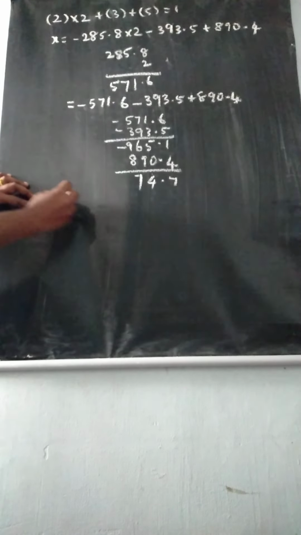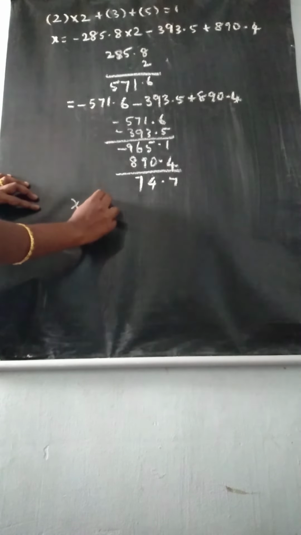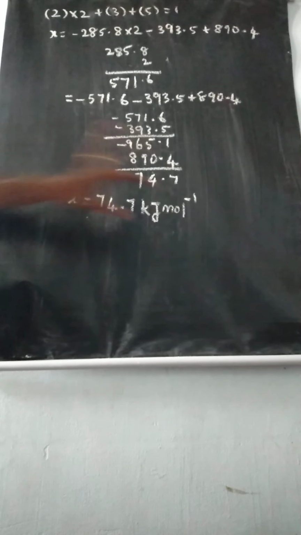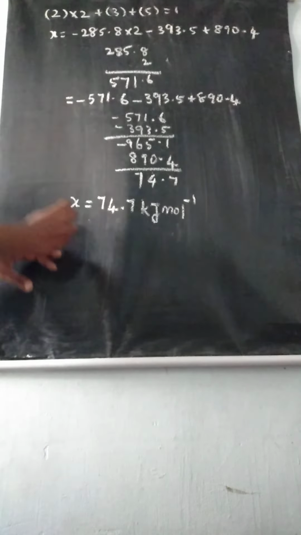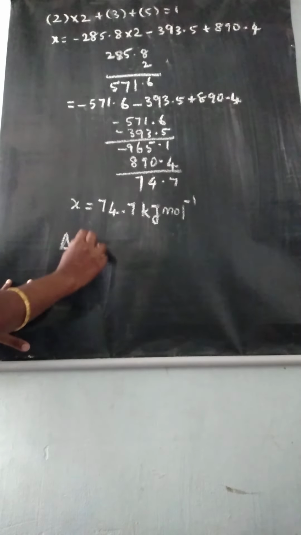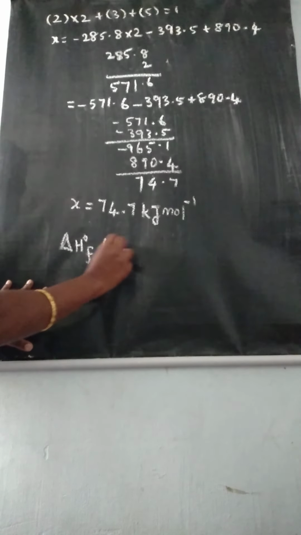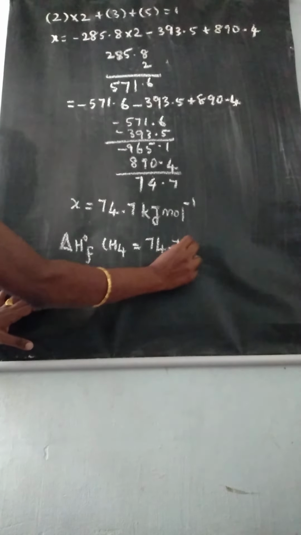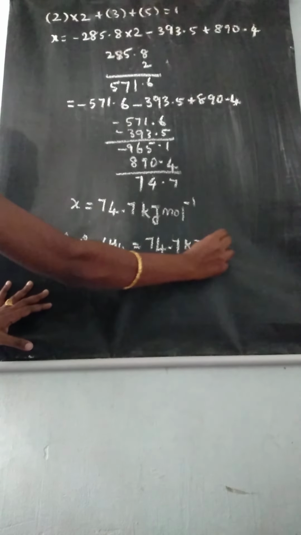So your answer X value is minus 74.7 kilojoule per mole. So you got the answer: the enthalpy of formation of methane value is minus 74.7 kilojoule per mole. Understand?